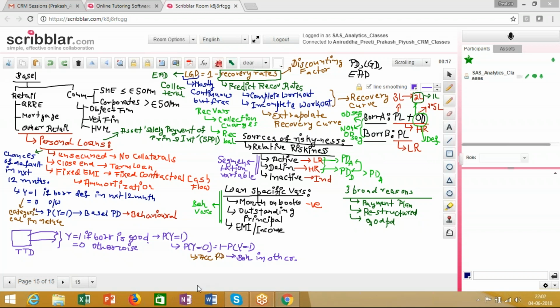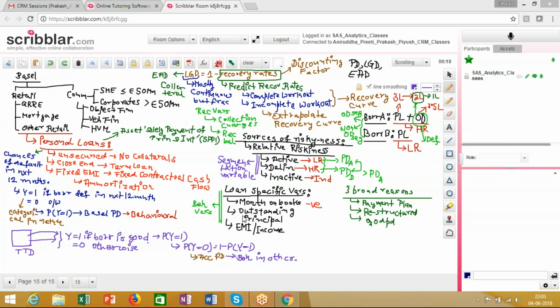Then the borrower becomes delinquent, and his chances to default are assessed. So in a behavior PD, you are assessing the behavior of the borrower in that particular credit, and based on that you are assessing his probability of default, unlike the acquisition PD.